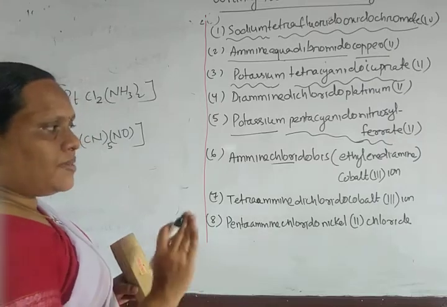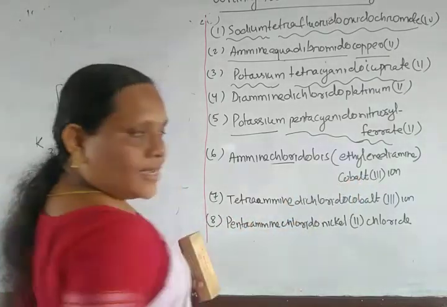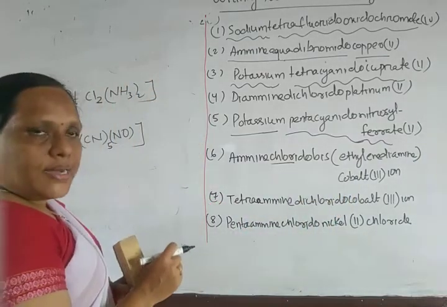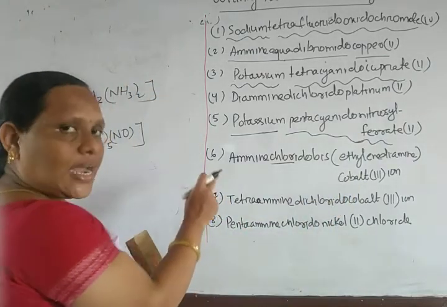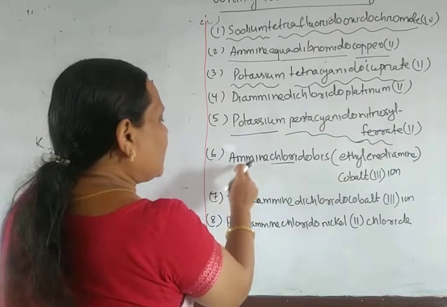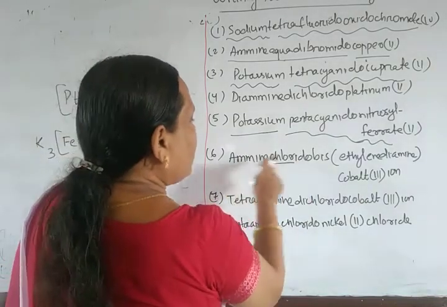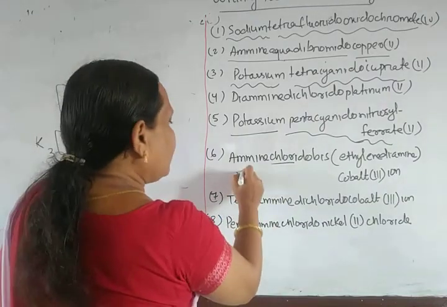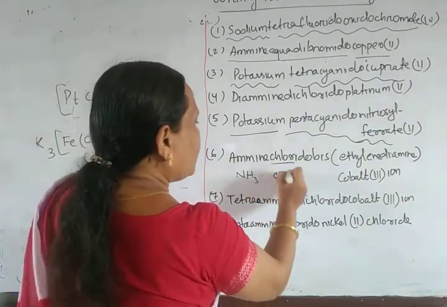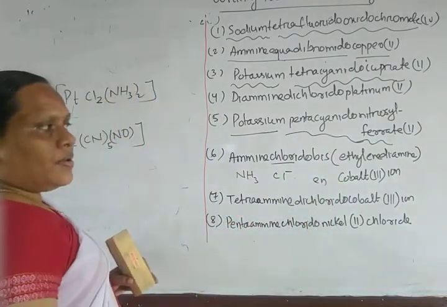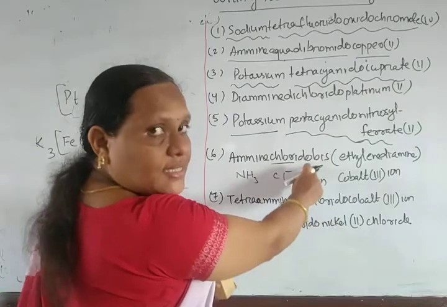There is no 'ate' here, so this is a positive complex, or cationic complex. As this is a cationic complex, how do we write the formula? For amine, NH3. For chlorido, Cl minus. And for ethylene diamine, en. Two of them are present.